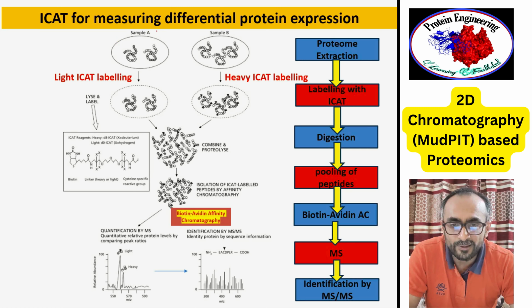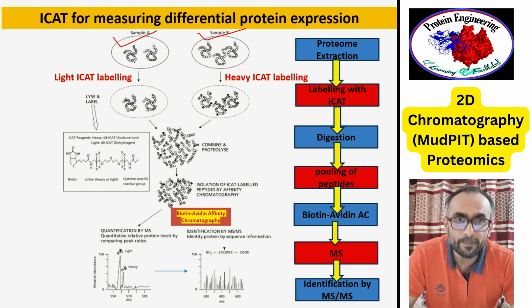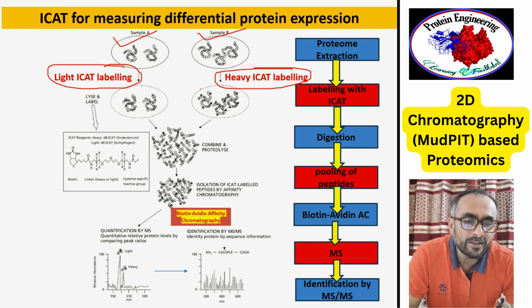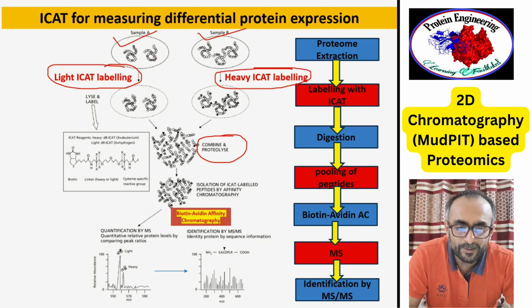First we'll extract proteins from sample A and sample B simultaneously and independently. After extraction of proteins, you label proteins from sample A with the light ICAT tag, whereas proteins from sample B you label with the heavy ICAT tag. And then you mix the proteins from sample A and sample B.